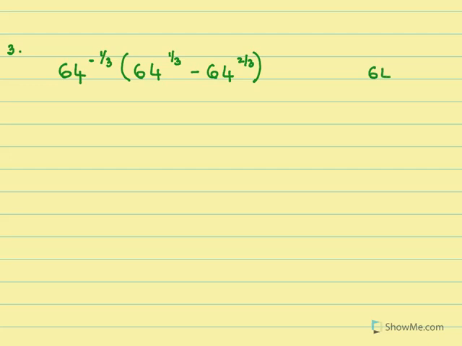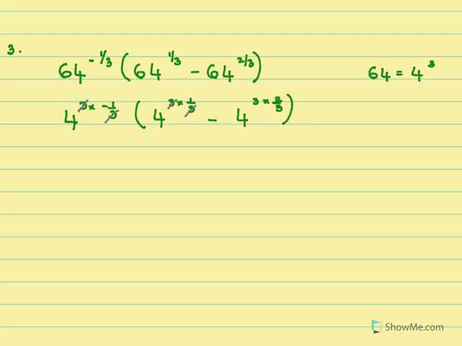We know 64 equal to 4 raised to 3. So wherever there is 64, I'm going to put 4 raised to 3. So for the first 64, I put 4 raised to 3 into minus 1 by 3. Here again the 64, I'll put 4 raised to 3 and this power was already there into 1 by 3. 64, 4 raised to 3 and into 2 by 3. This cancels out.